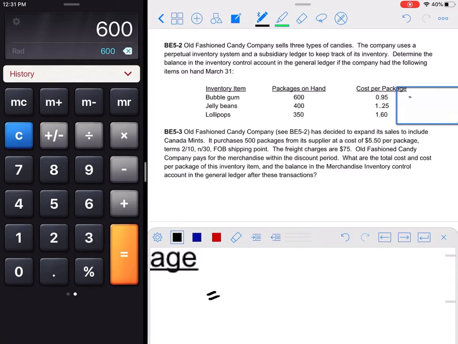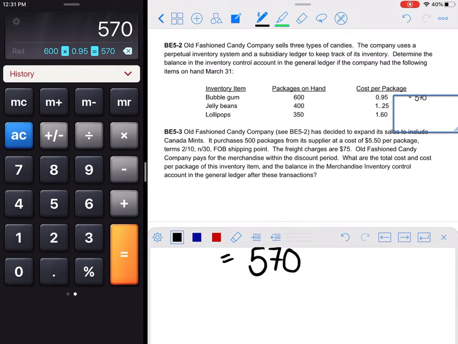So for the first, bubble gum, we had 600 units that each cost 95 cents. So the cost there is $570. For our jelly beans, we had 400 units at a cost of $1.25 each, which is $500.